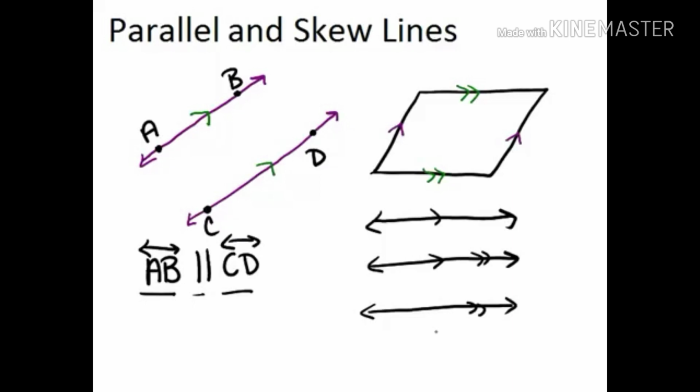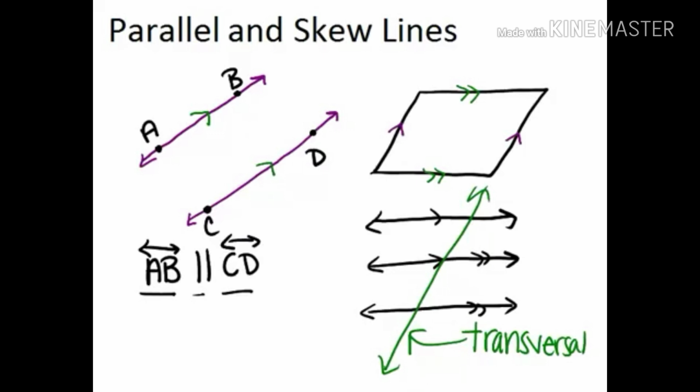Another word that you should know is the word transversal. Anytime you have parallel lines and another line crosses them, like this, that crossing line is called a transversal because it cuts through the other parallel lines, the transversal.